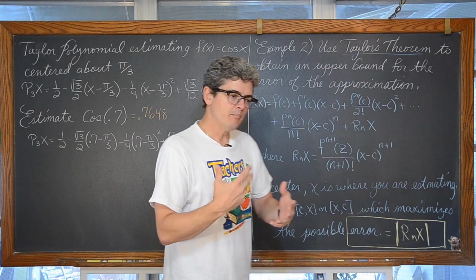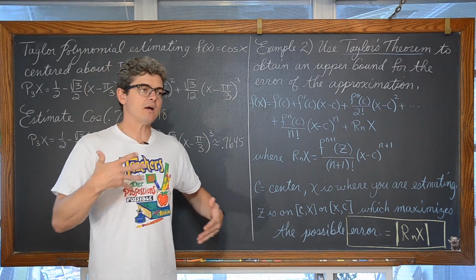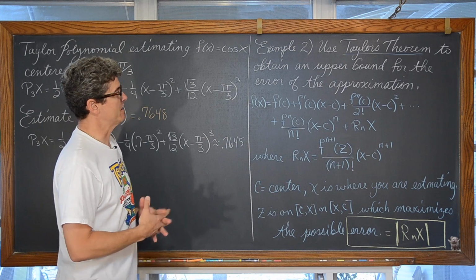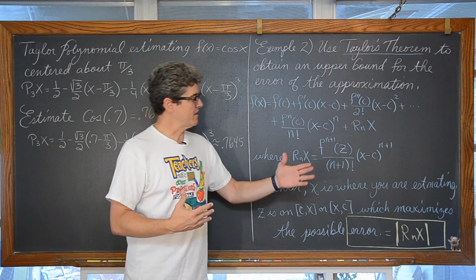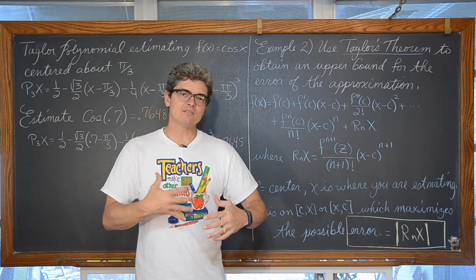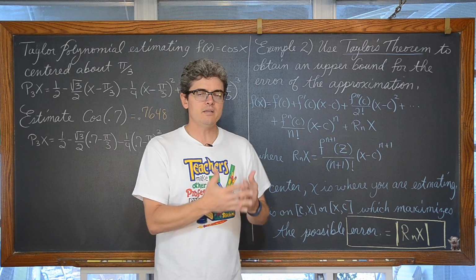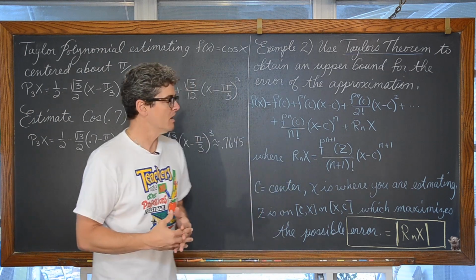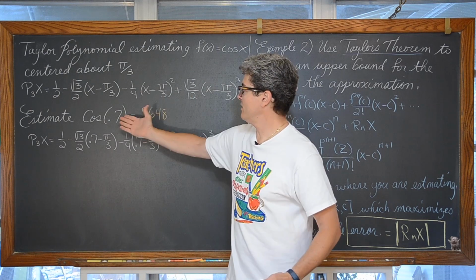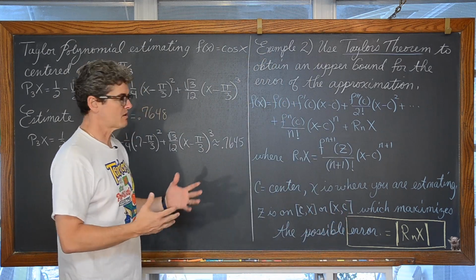Now, going with that idea that this is about needing to estimate and make approximations, we have this other thing here. We have some kind of Lagrange form of the remainder. We can look at analyzing what is the possible maximum error that we could get when estimating the cosine of 0.7 with this third degree Taylor polynomial centered around pi over 3.